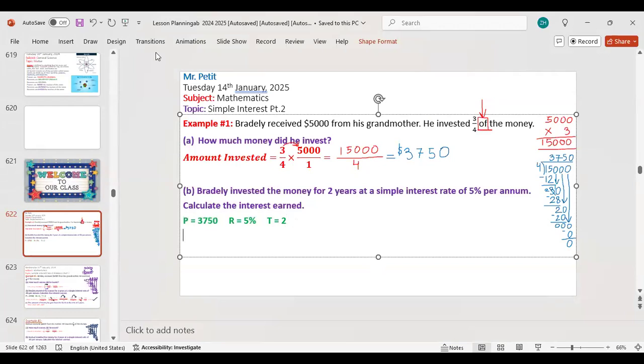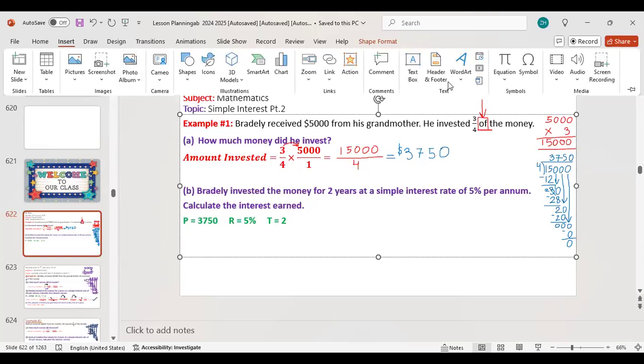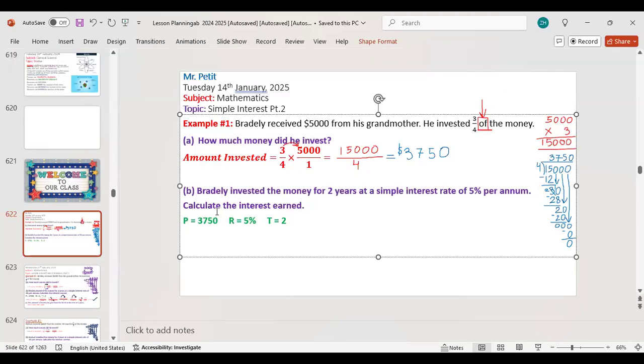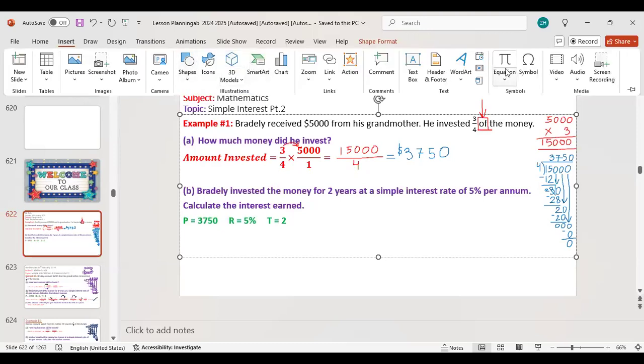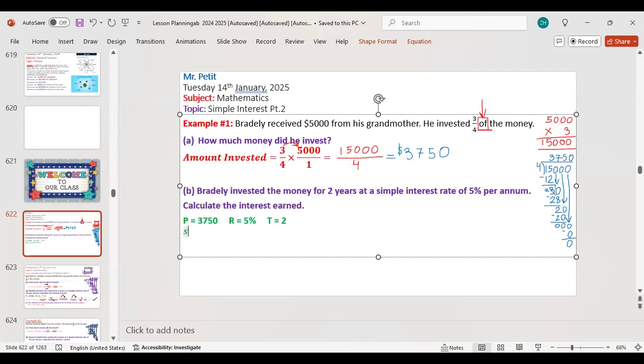So the simple interest is just gonna be equal to, let me use this.